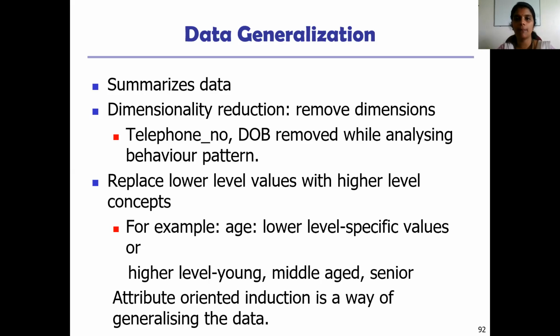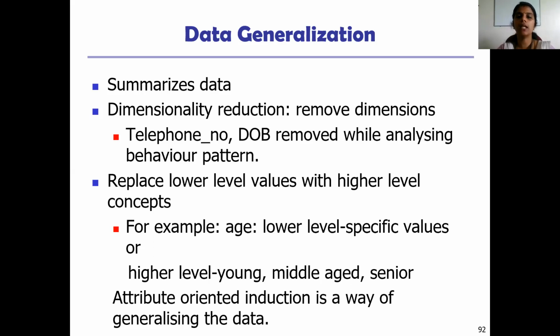I repeat this example: when you are analyzing the behavior pattern of students, dimensions like telephone number, date of birth or email ID are not at all relevant, so you can remove those dimensions. That is called dimensionality reduction. So basically you are summarizing the data by removing some dimensions.